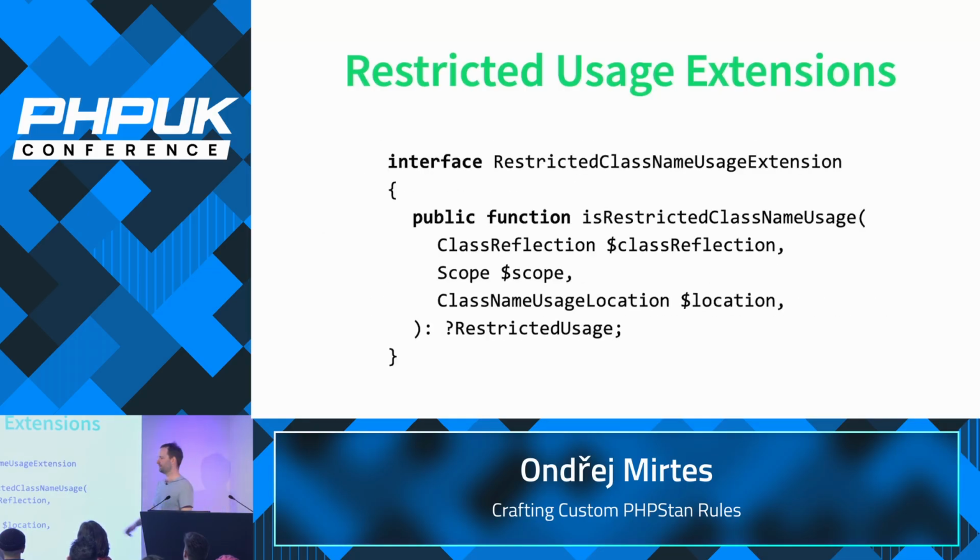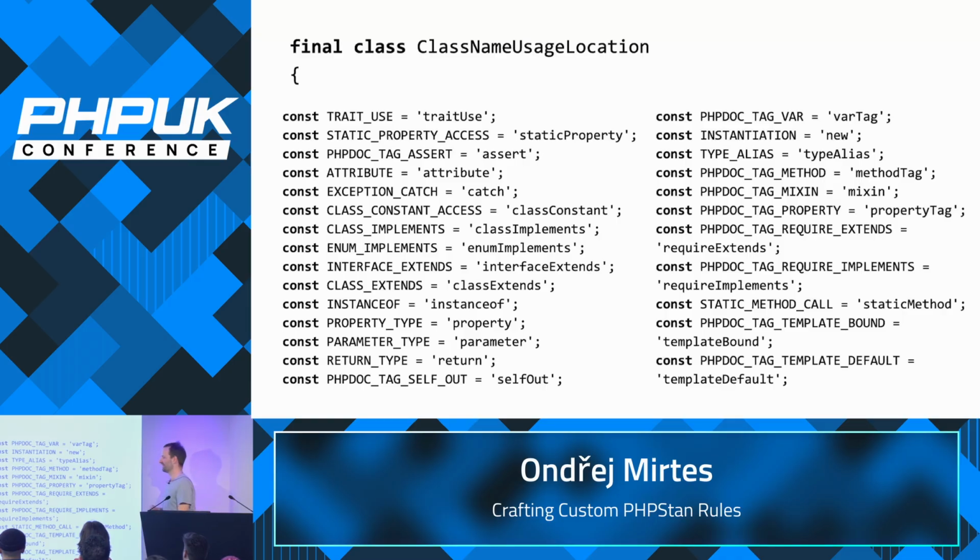You can also have an interface aimed at restricting where a class can be referenced from, and this interface has one more argument, which is called location, and that's because there are a lot of locations in your PHP code where a class can be referenced. I counted them and I implemented them all, and it's 27. It's a lot of native places in your source code that can reference classes, but there's also a lot of PHPDoc tags that can reference classes.